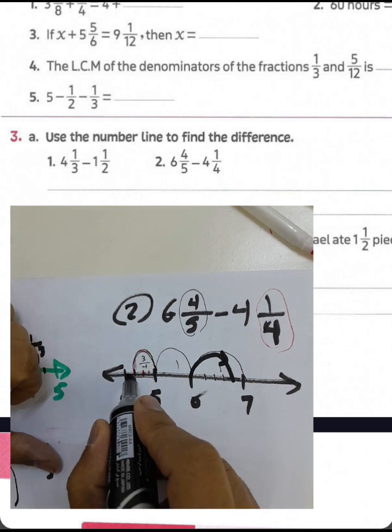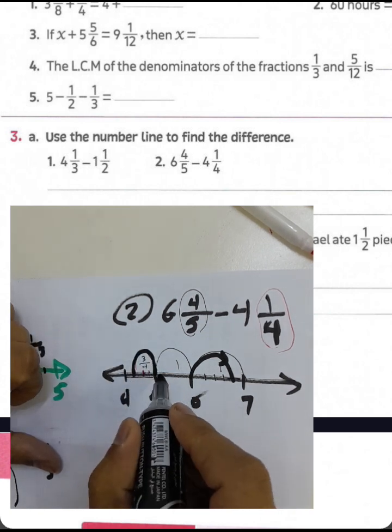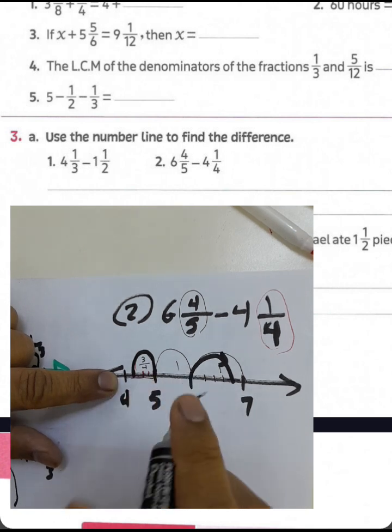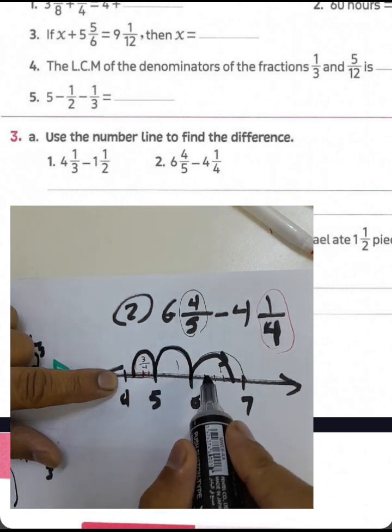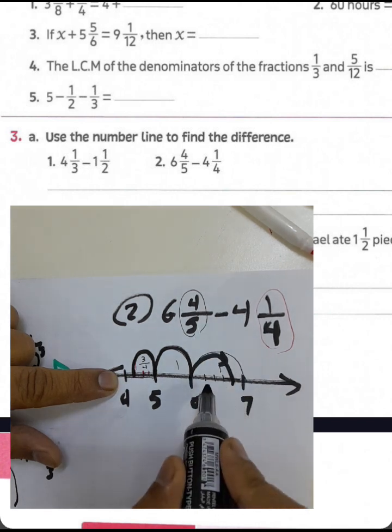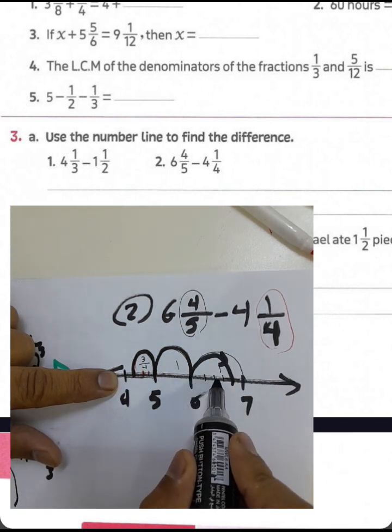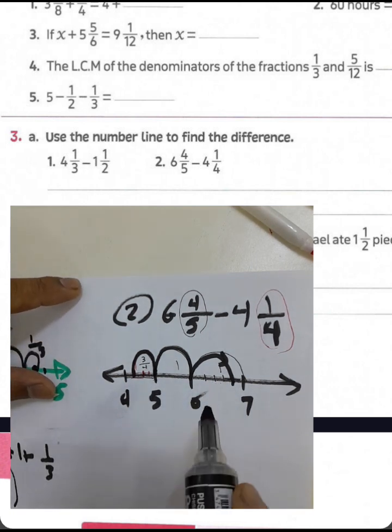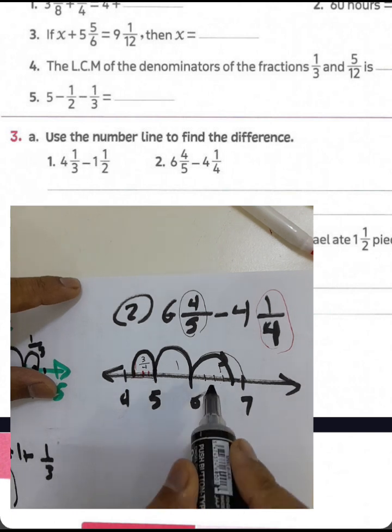It is the end. Again, we have here 3 over 4 from 4 and 1/4. Then the remainder here is 3 over 4 and here 1. And going to 6 and 4 over 5, then the remainder here is 1, 2, 3, 4. Its part is 4 over 5. Okay, 6 and 4 over 5.